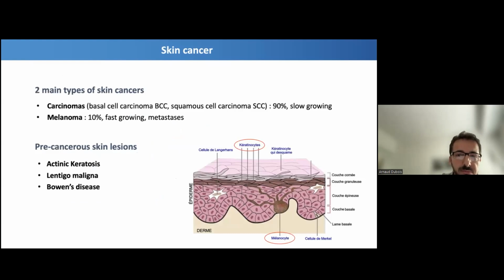There are two main kinds of skin cancers: carcinomas, which are the most common type of skin cancers and develop from keratinocytes, and melanoma. Melanoma is less frequent, but more dangerous. Melanoma develops from melanocytes. There are several precancerous skin lesions: actinic keratosis, lentigo maligna, Bowen's disease.